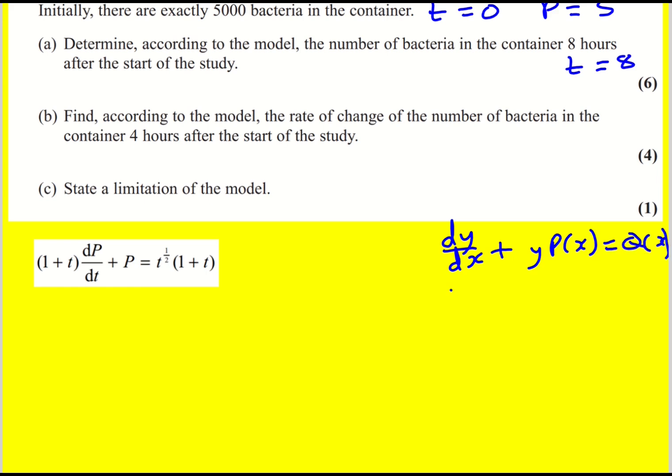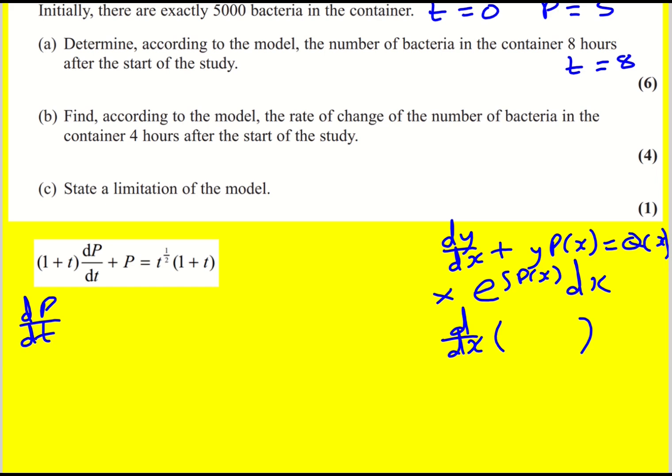And it can be shown that if you multiply by an integrating factor e to the integral of p of x, then you can rewrite the left-hand side as a single derivative. I've proven it in other videos. We're just going to go with it here. It's something that once you've practiced it a lot, you're into that mode. But you've got to get it into this form first.